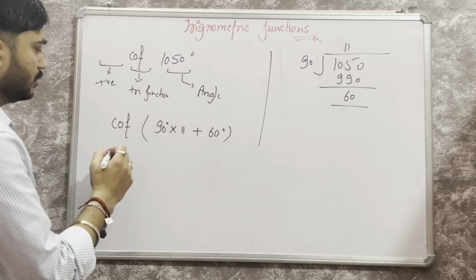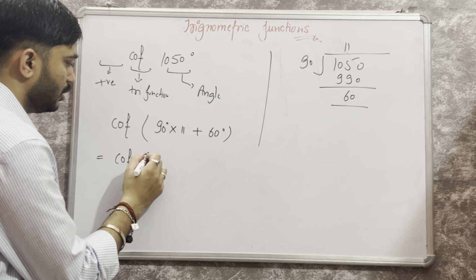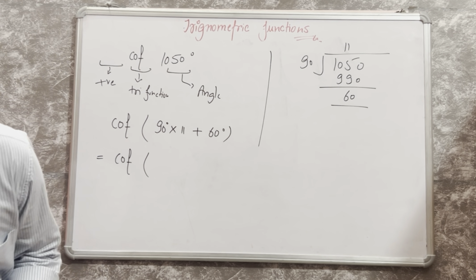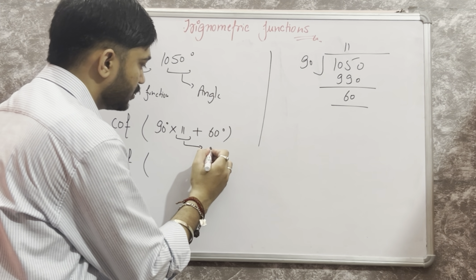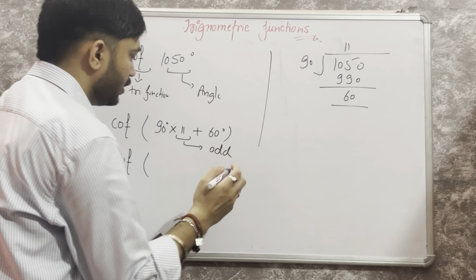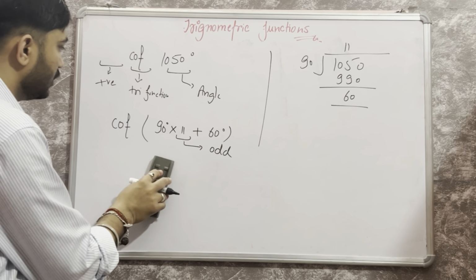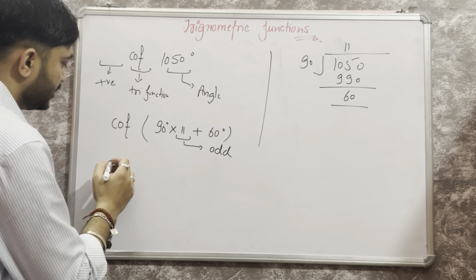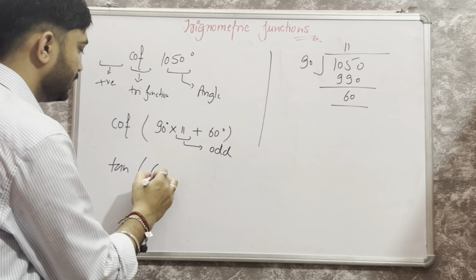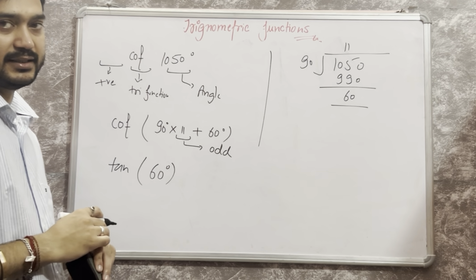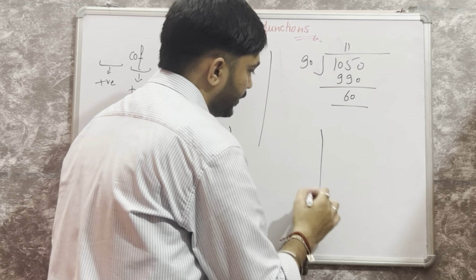Now, what will be the answer? Cot, since the number here is odd, we are going to change the name of cot into tan and represent 60 as it is. Now we have to make a Cartesian plane.